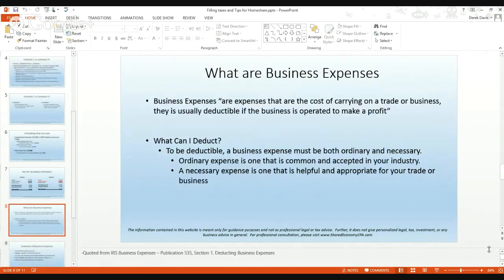So going on to the next slide, what exactly are business expenses? And this is from IRS Publication 535, Section 1 on deducting business expenses. Pretty much the overview is that business expenses are deductible if you are engaged to operate to make a profit.